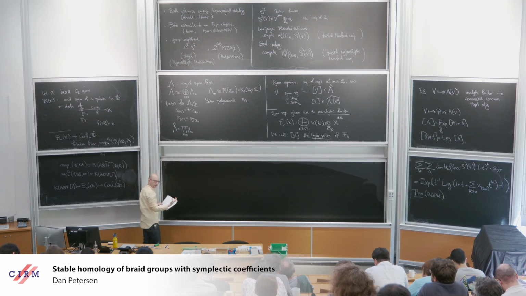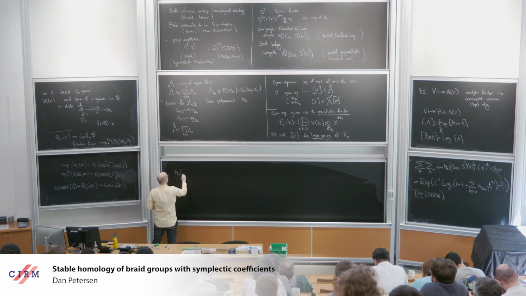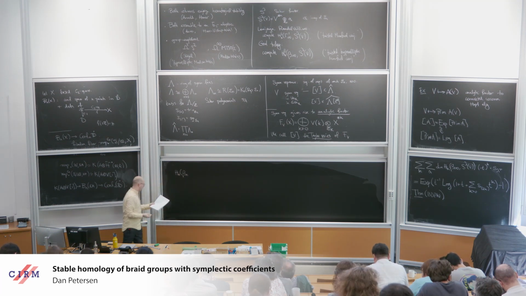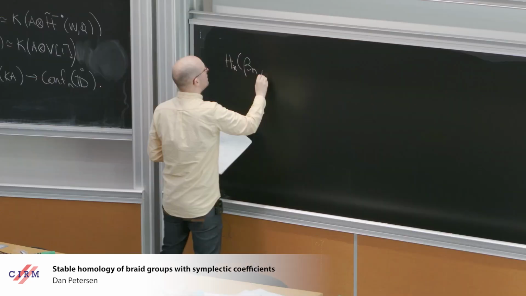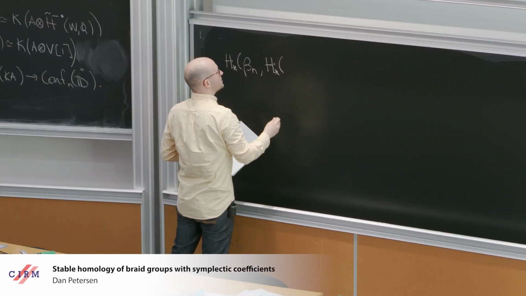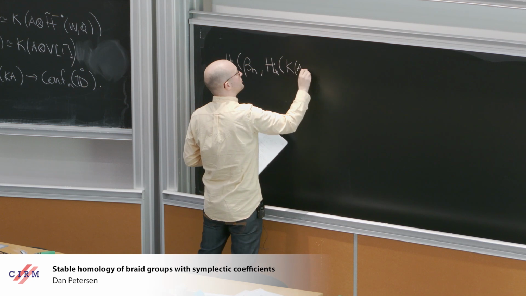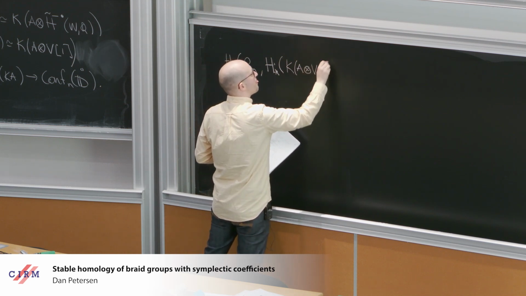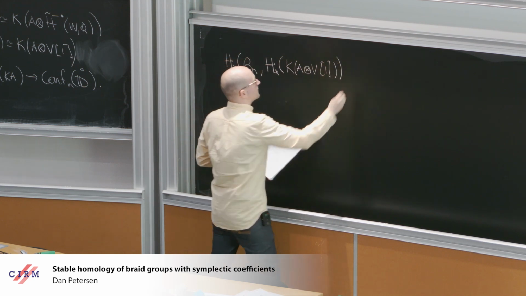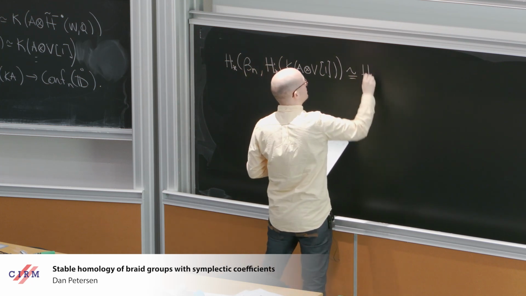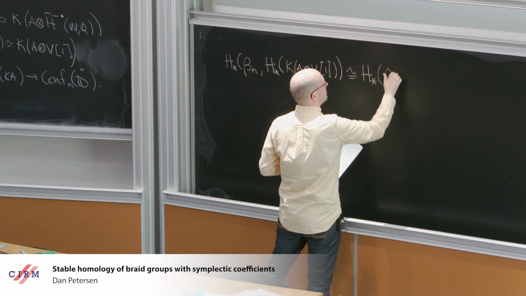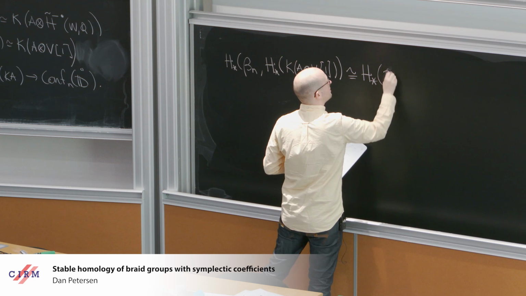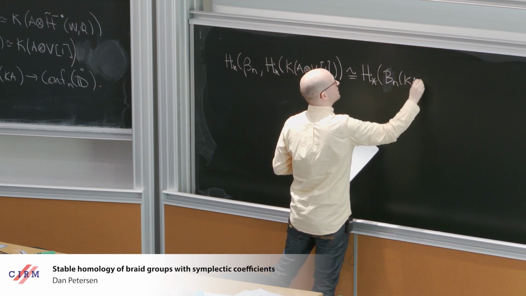And the consequence of the degeneration of the Serre spectral sequence is that the homology of the braid group with coefficients in this product of Eilenberg-MacLane spaces is the same as the homology of B and Ka.